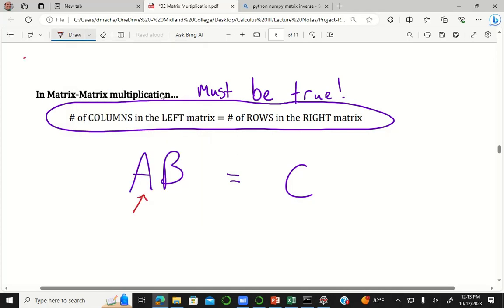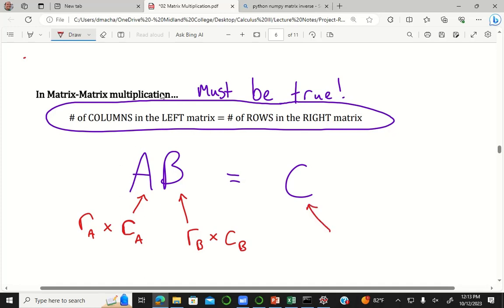So A is going to have a certain size. It's going to have a certain number of rows by a certain number of columns. B is going to have a certain size. It's going to have a certain number of rows times a certain number of columns.